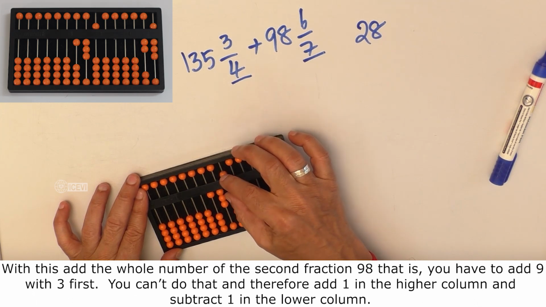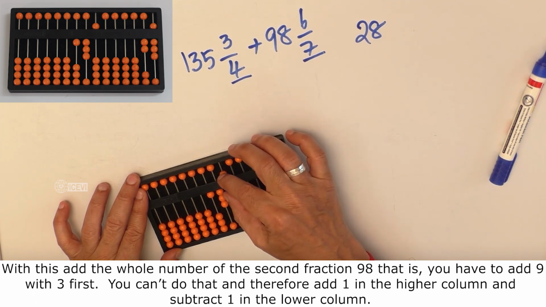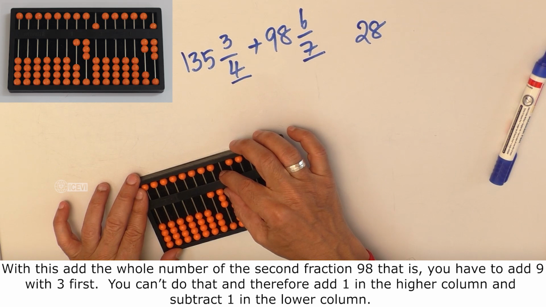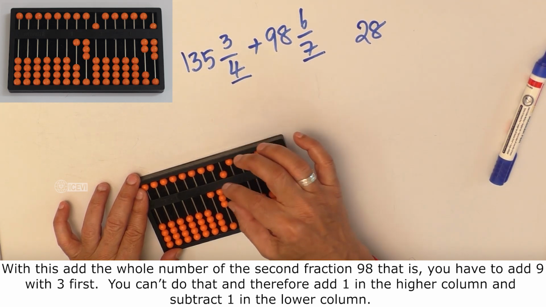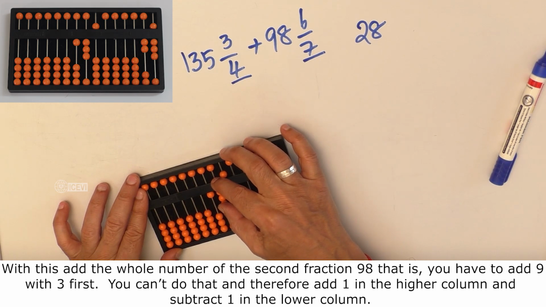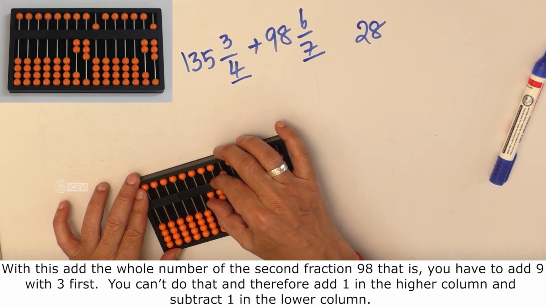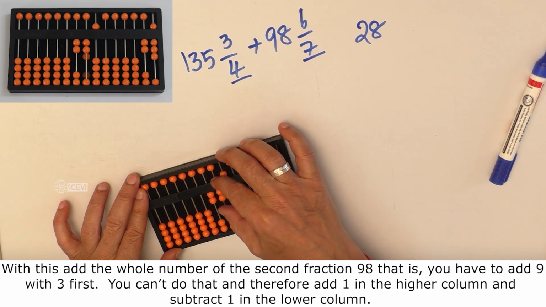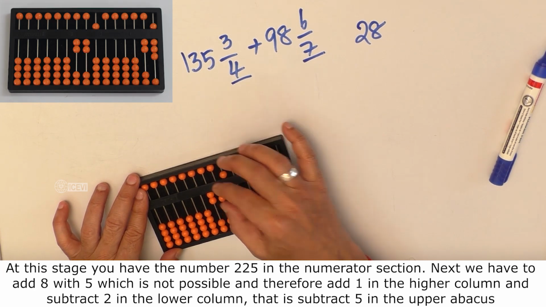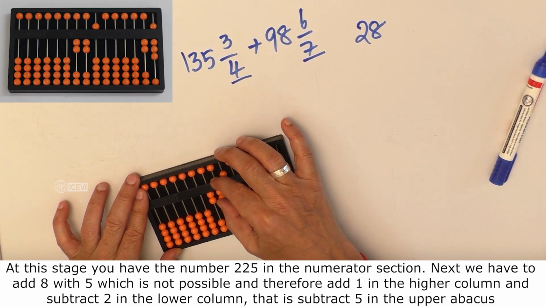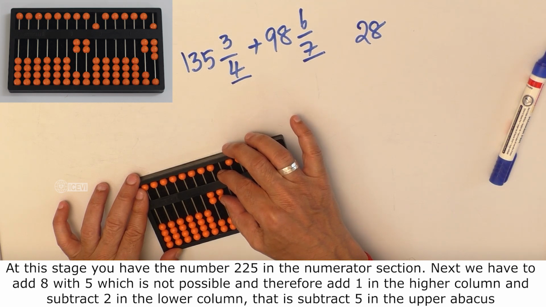With this, add the whole number of the second fraction, 98. That is, you have to add 9 with 3 first. You can't do that, and therefore add 1 in the higher column and subtract 1 in the lower column. At this stage, you have 2 to 5 in the numerator section.